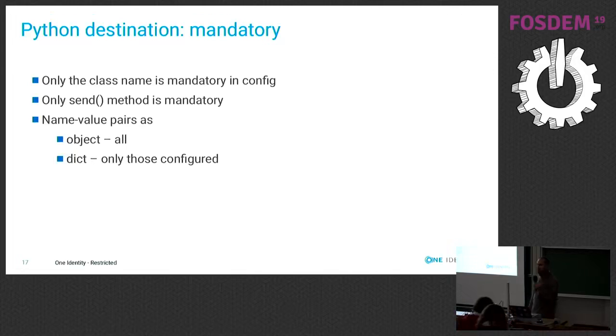You can pass name-value pairs from syslog-ng to Python in two ways. If you don't define what to send to Python in the configuration, then there is an object containing all of the different name-value pairs from syslog-ng, or you can define what values to send to the destination, and in that case all those name-value pairs are in a dict.